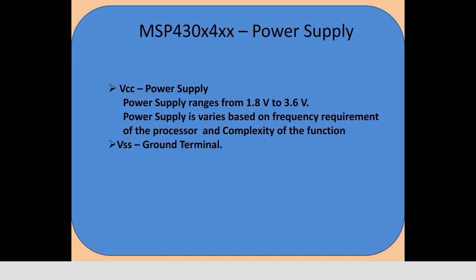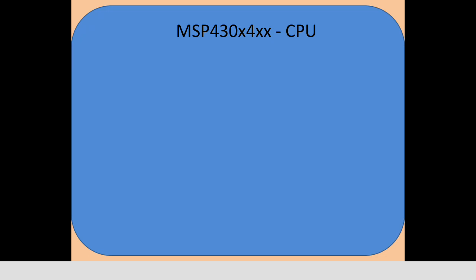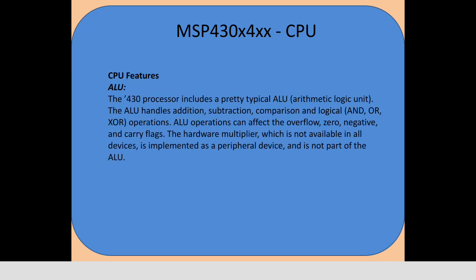Any electrical, electronic, mechanical device requires a ground terminal, that we know, right? Next we can see the CPU, that is the central processing unit. We have a central processing unit in the MSP 430 microcontroller, and it is the heart of the microcontroller or microprocessor. In detail, the first part of the CPU is the ALU, arithmetic and logical unit.